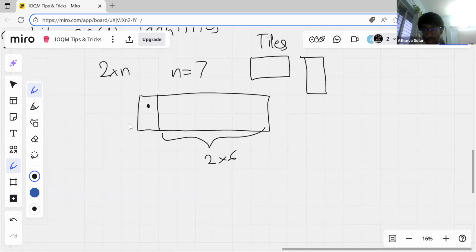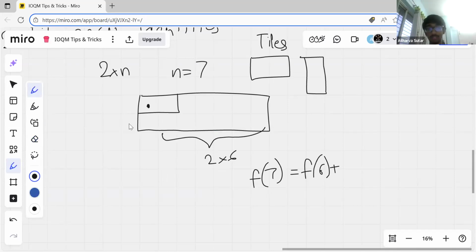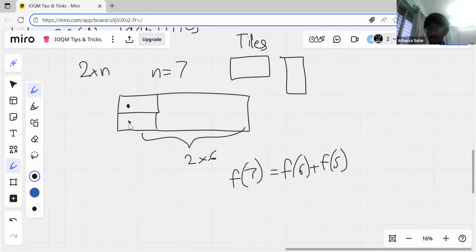So f of 7 is equal to f of 6 plus, now assume that the tile is horizontal. Then the tile over here is also supposed to be horizontal, so the remaining part is 2 by 5. So this is f of 6 plus f of 5, and these are the only two cases. You get this nice recursion. Then you just calculate f of 1 and f of 2 and you get the answer.